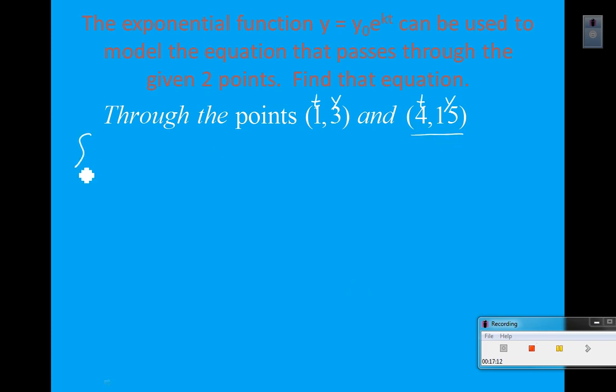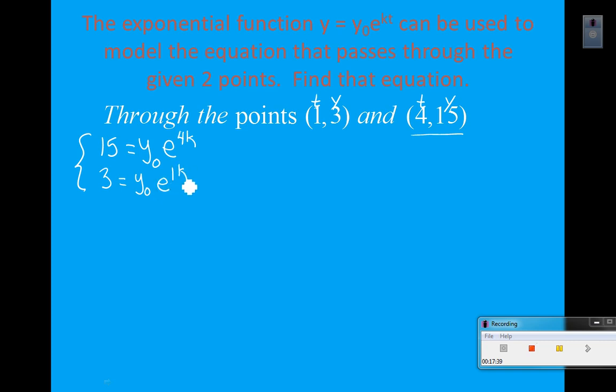I'm going to set up my system of equations. So I've got 15 equals, I don't know what y sub 0 is, e to the k times 4. So I'm just going to list it as 4k this time. My second equation is going to be 3 equals y sub 0 e to the 1k.